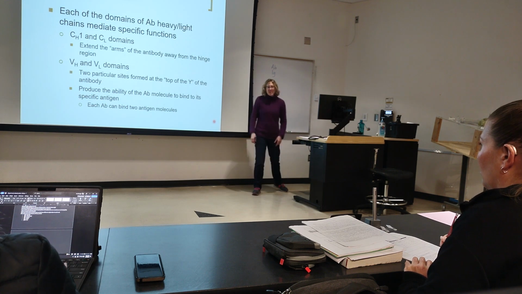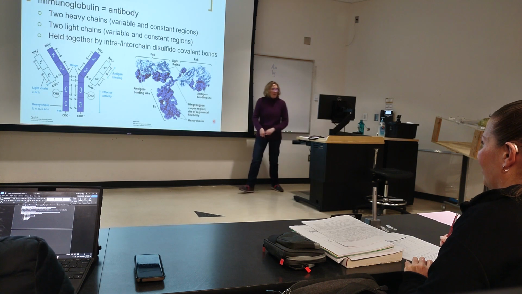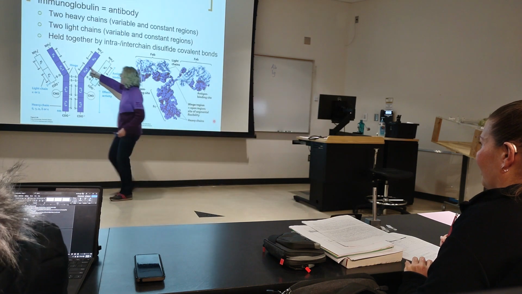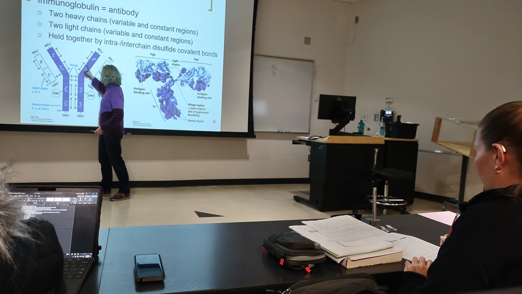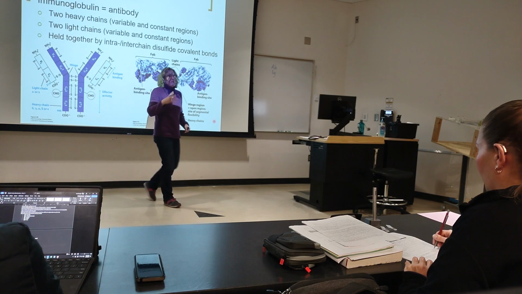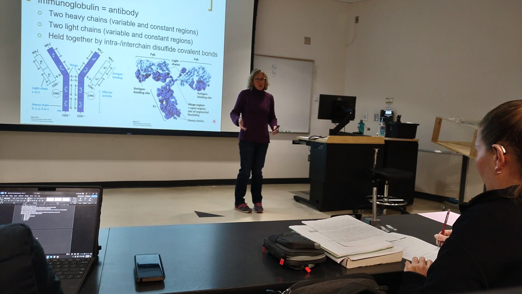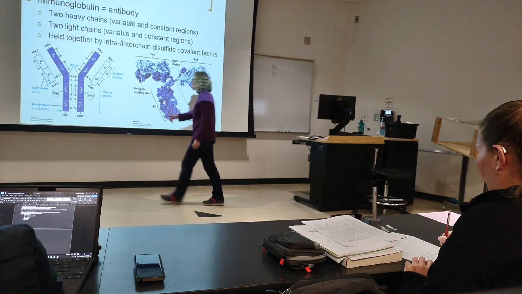Variable, C. Down here, this stands for constant regions. These are made using patterns of regions of genes that don't change. So I'm going to plug the information from the gene in, I'm going to make the protein the same every time: constant regions.